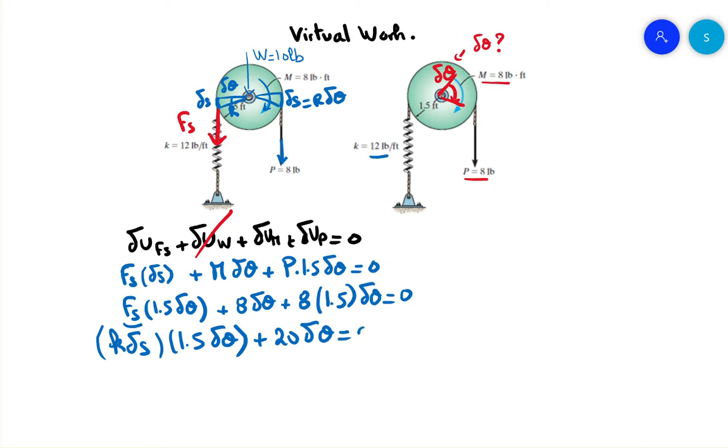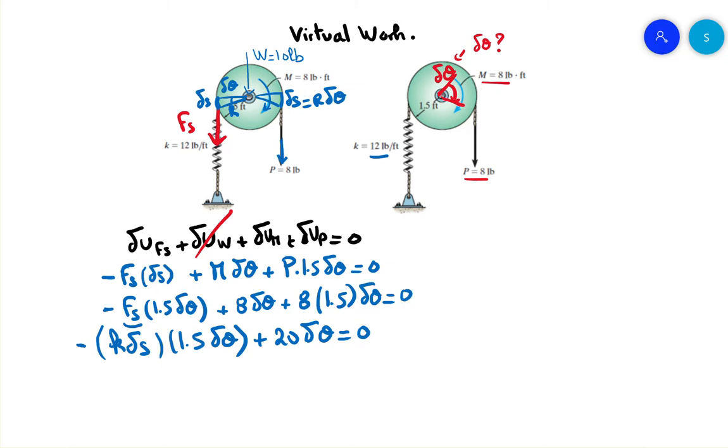And there's one thing that I need to include. Which direction is the work of the force of the spring? It's a minus because the force of the spring is in the opposite direction of the delta theta.